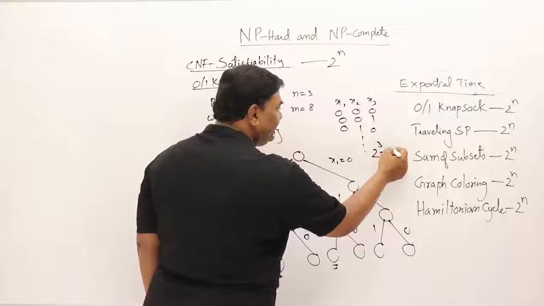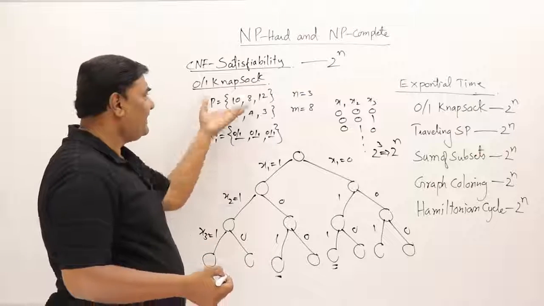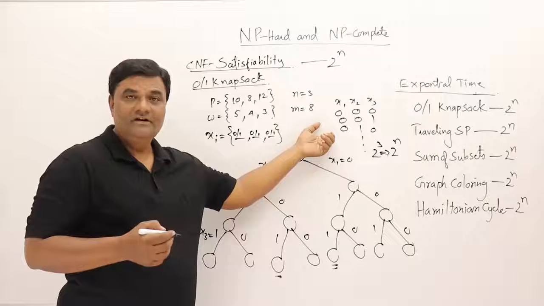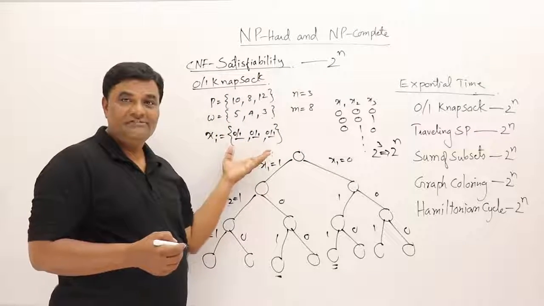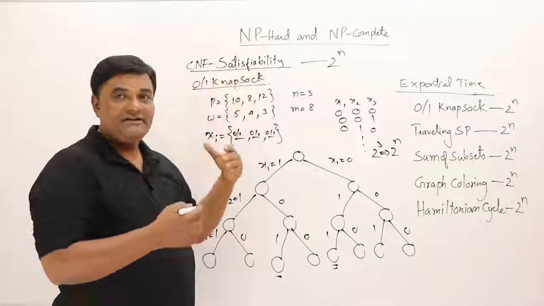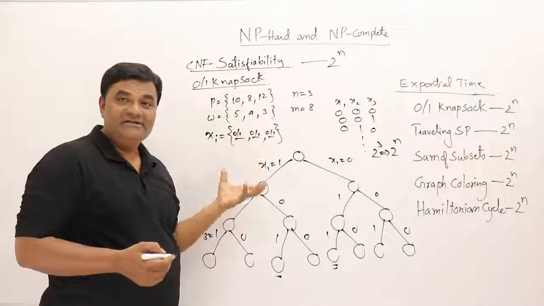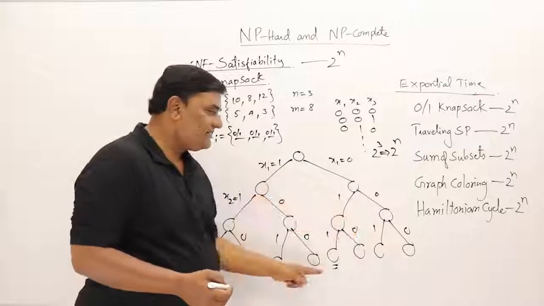So for n objects it will be 2 power n. So the solutions required for this one are similar to the satisfiability problem. How do we solve satisfiability? The same way we have to try for 0-1 knapsack. There we have to see whether the formula is true or not. Here we have to see whether the profit is maximized or not. So this problem can also be solved using a state space tree.